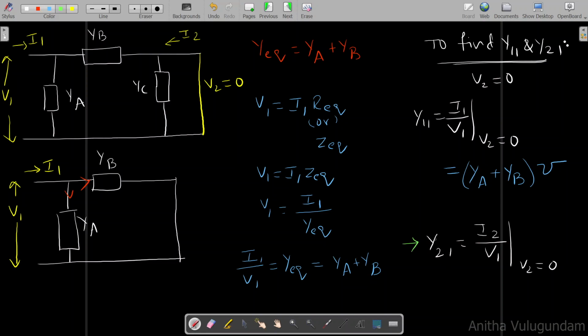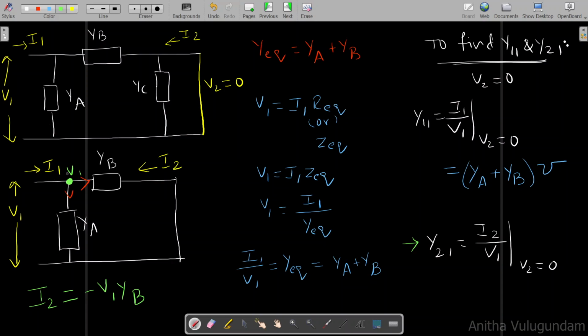Coming to the next part, Y21 equal to I2 by V1 when V2 equal to 0. Here, according to nodal analysis, the voltage here will be nothing but V1, and this is always I2, and we can write I2 as minus V1 into YB.